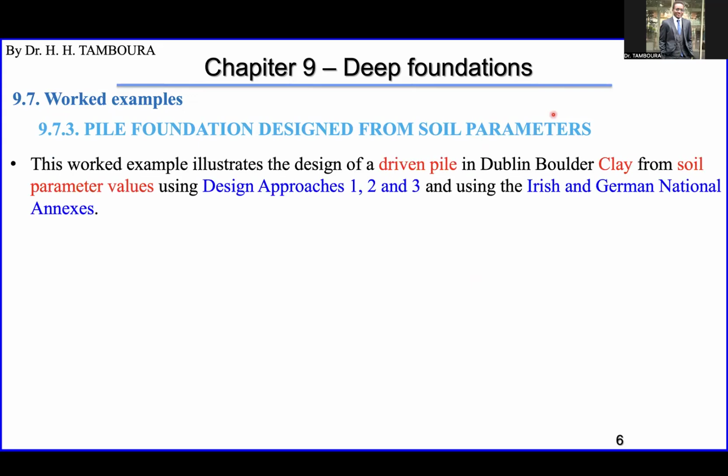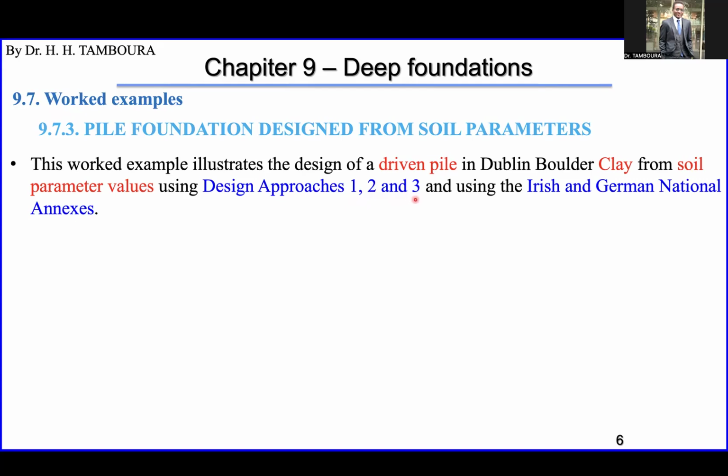So we will do a driven pile this time. I think in the two previous examples we did bored piles. And this time we are going for a driven pile in clay. We will use soil parameters, and we will go for the three design approaches.